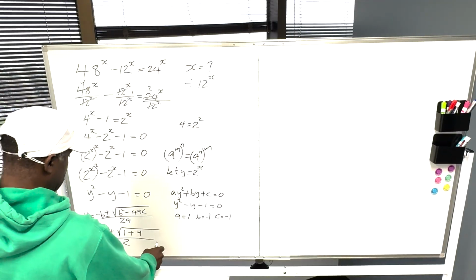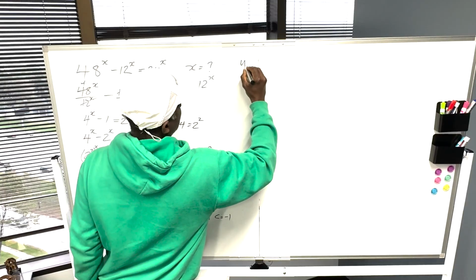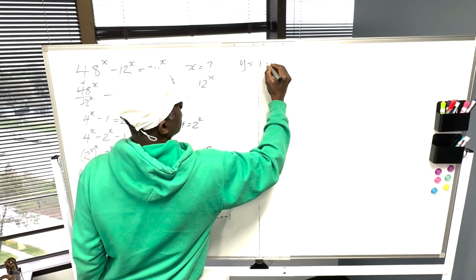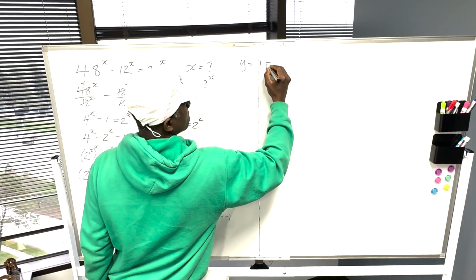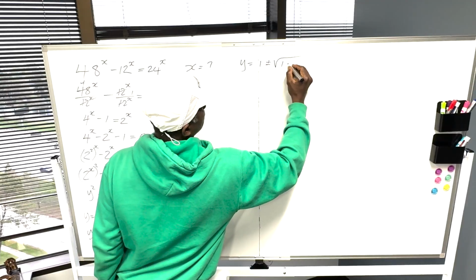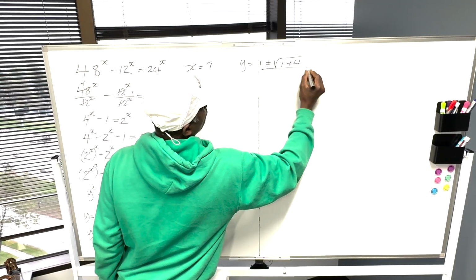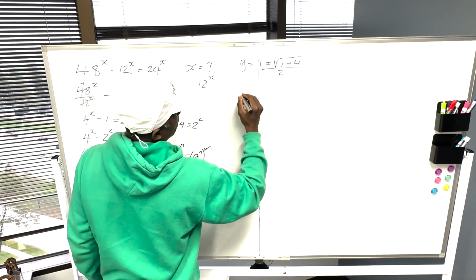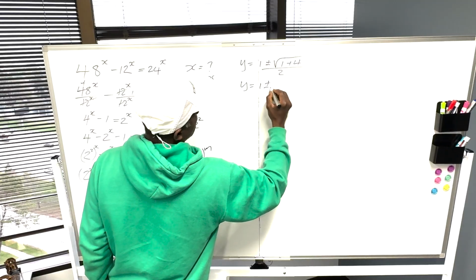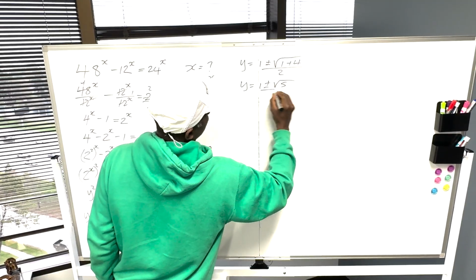Let's take this and move over here where we have y is equal to 1 plus or minus the square root of 1 plus 4 all over 2. So y is equal to 1 plus or minus the square root of 5 all over 2.